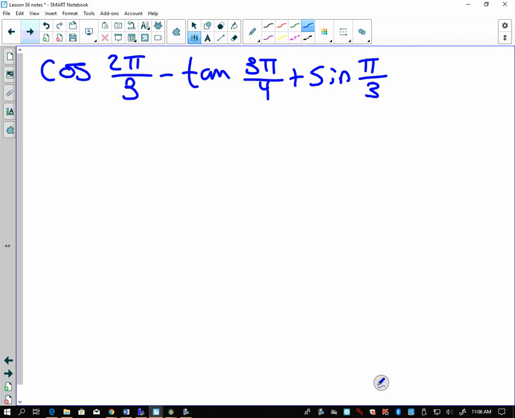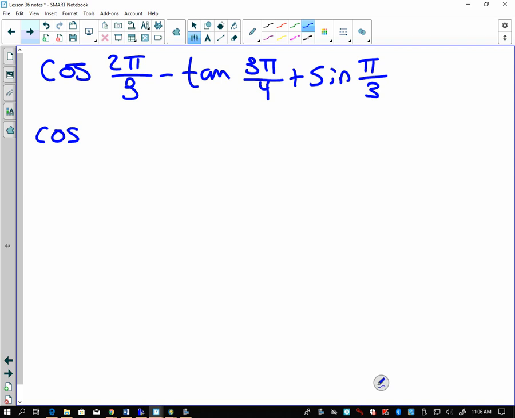Now, it's a lot easier, I think, to go from radians back into degrees than it is to go from degrees back into radians, because all I have to do to get from radians to degrees is substitute 180 in for pi. So 2 pi over 3 is just 2 times 180, which is 360. 360 divided by 3 is 120, but I've been doing this a while.